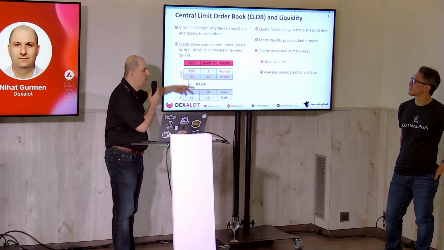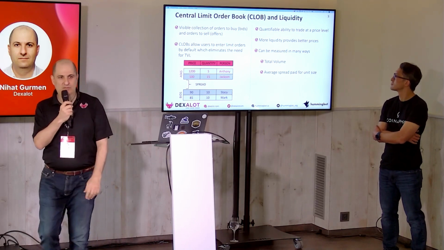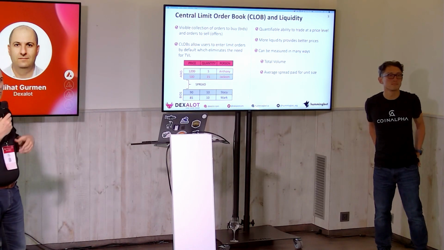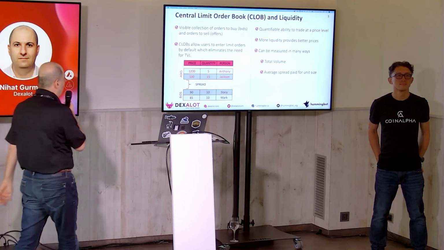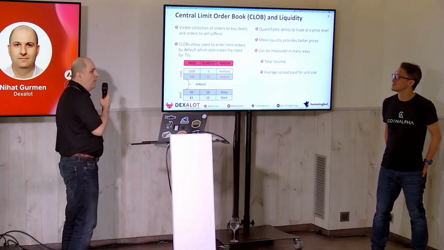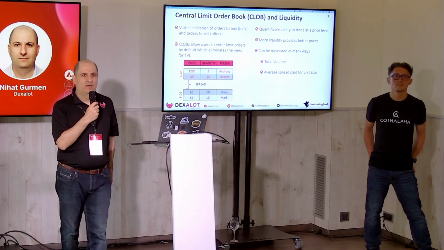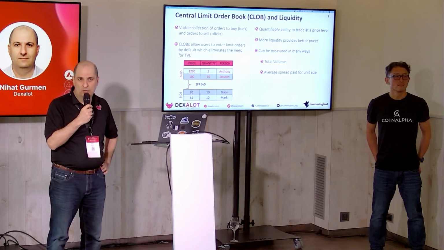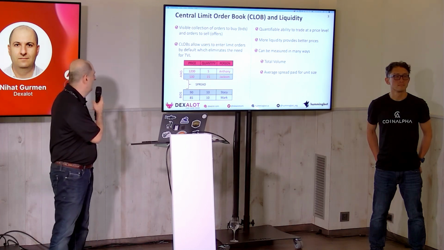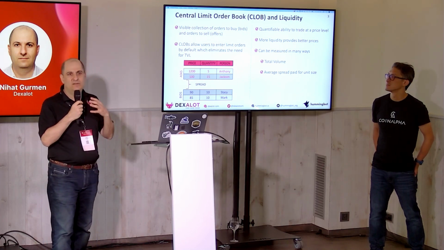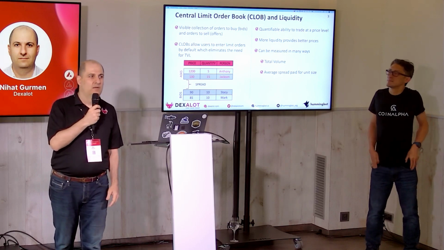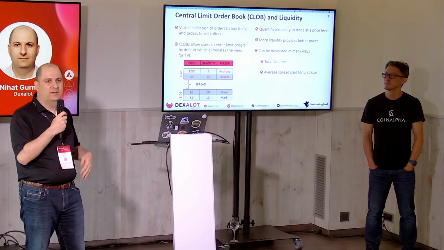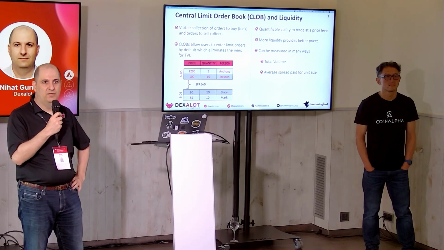And the spread between those two tops of book is the window of opportunity for a market making or algorithmic trading bot, right? And the order book has the unique ability to allow users to enter limit orders. Because of that, it eliminates the need for a big value locked in the system and gets away from impermanent loss.